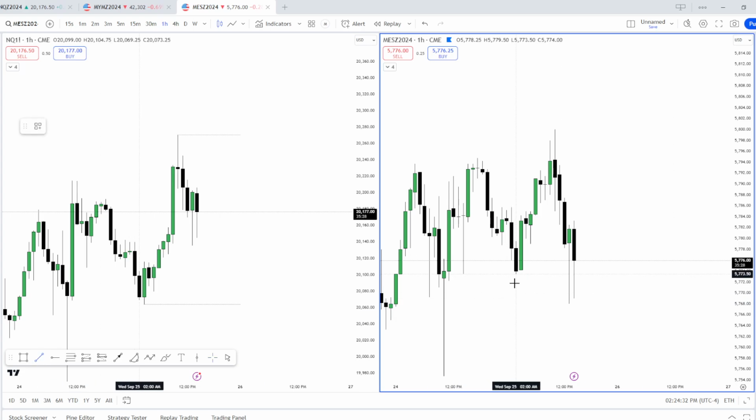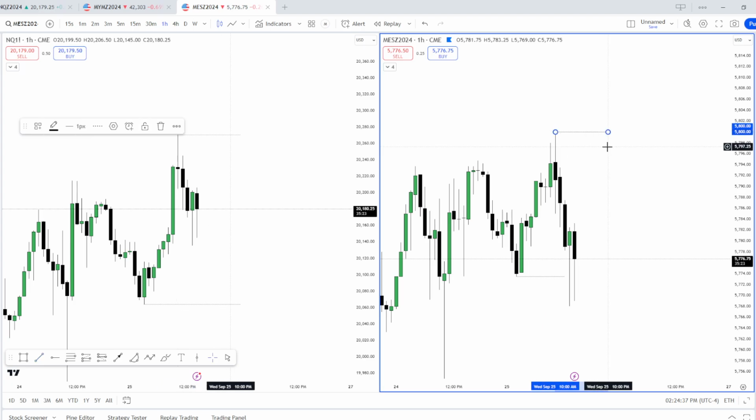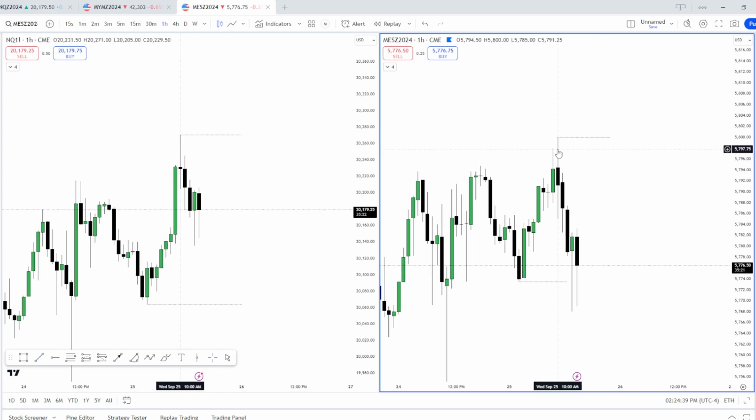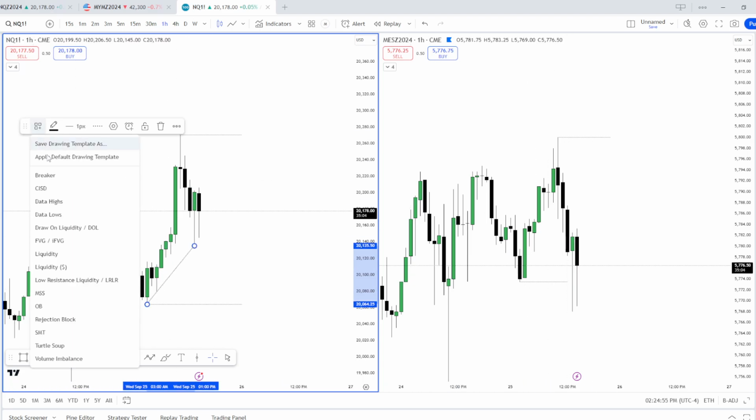ES also did the same exact thing. We formed the short-term low and we formed the short-term high. But what happened here? ES is currently sweeping out this liquidity. We already took out this low on ES, the same low that was not taken out on the NASDAQ or on NQ. So this would be an example of bullish SMT right here.